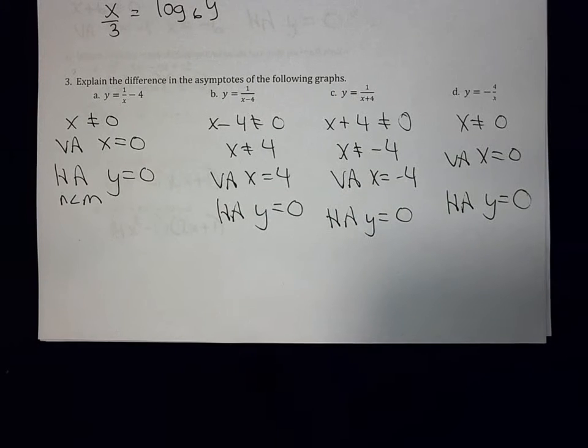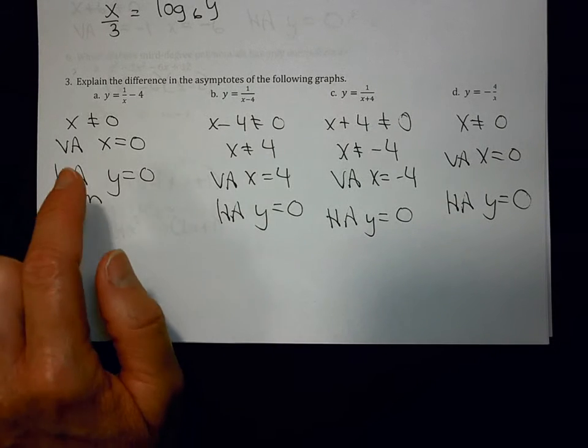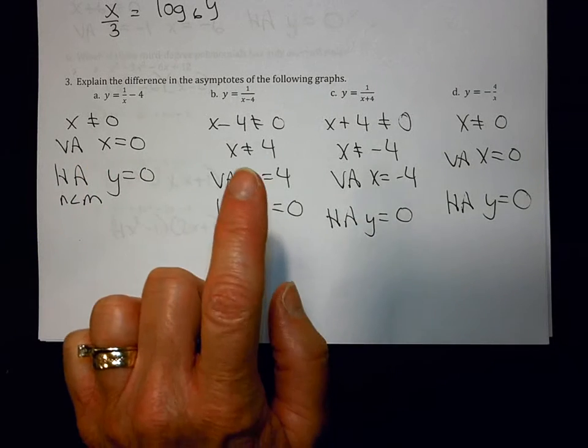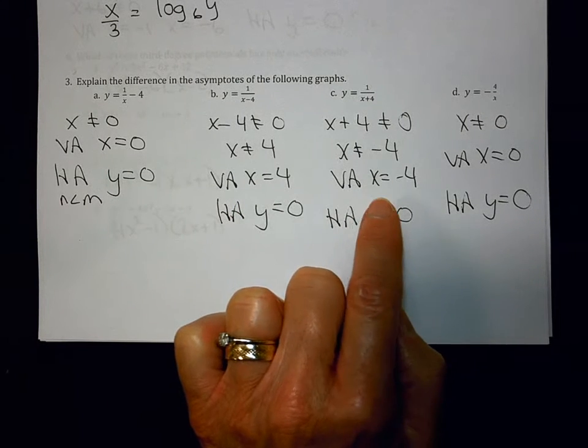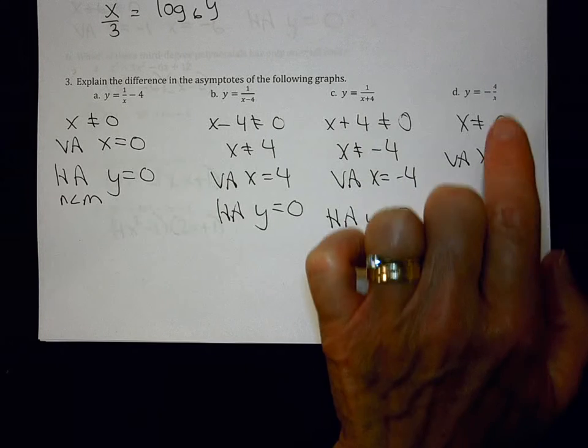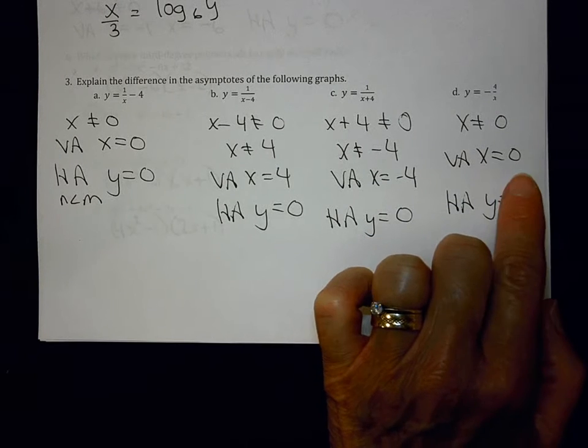If you look at number 3, it says please explain the difference in asymptotes. So you use domain to find asymptotes, because that would be where it is not a function, or where the function is undefined. In this case, x can't be 0, so vertical asymptote is at 0. X can't be 4, so vertical asymptote is at 4. Same thing here, negative 4, and then back to 1 over x, x has to be 0.